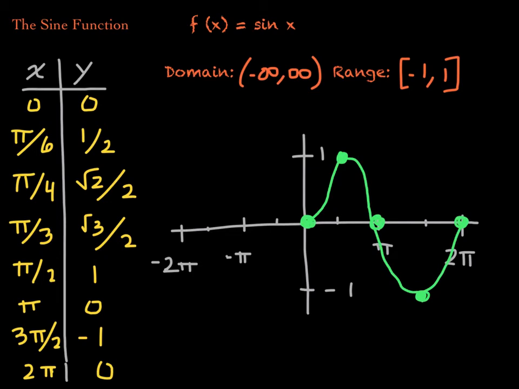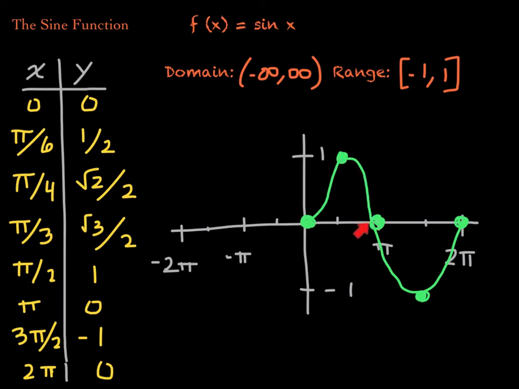Now, this is one period, from 0 to 2 pi. You start at an x-intercept, you increase between 0 and pi over 2. Between 0 and pi over 2, you are increasing. And then after pi over 2, you start to decrease, right?